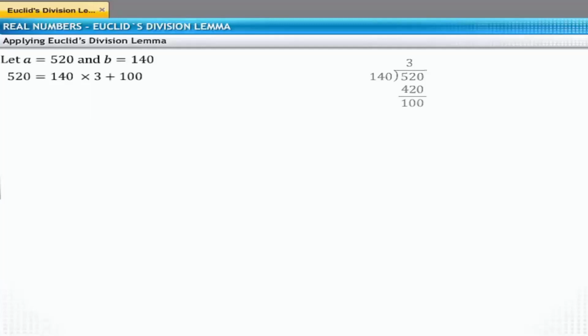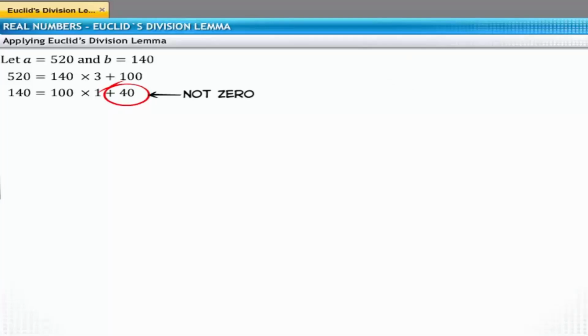Now consider the value of B and R in this equation. We see that R is not 0. So let's apply Euclid's division lemma, taking 140 as A and 100 as B. Dividing 140 by 100, we see that 100 goes into 140 once and leaves a remainder of 40. Now consider the values of B and R in this equation. We see that R is not 0.